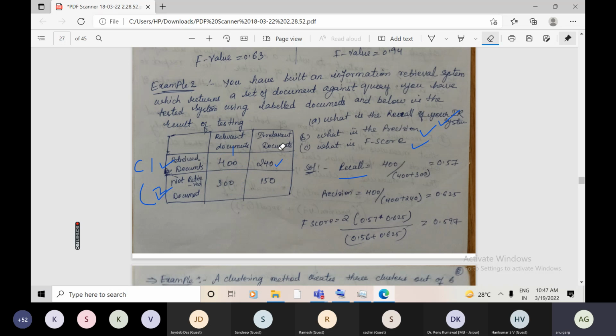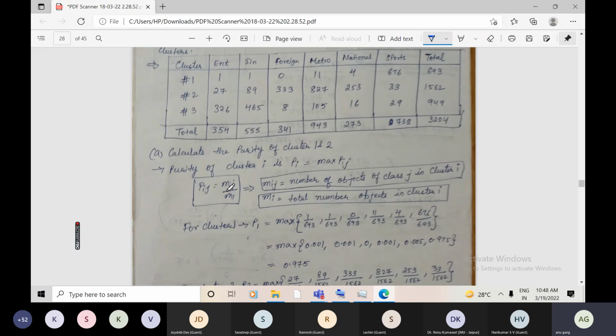So the value for that particular factor is 400. So 400 divided by, for recall, across vertical, 400 plus 300. And precision is 400 by 400 plus 240. That means the total number of retrieved documents. That is your precision. And then you find out your F score.